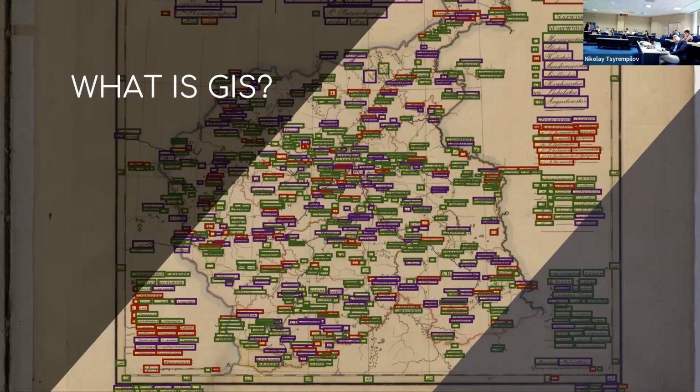So GIS is Geographic Information Science. It can also be Geographic Information System. But essentially, it's the software and the set of methods and approaches that have been developed by people who were definitely not historians, right, to ask spatial questions.